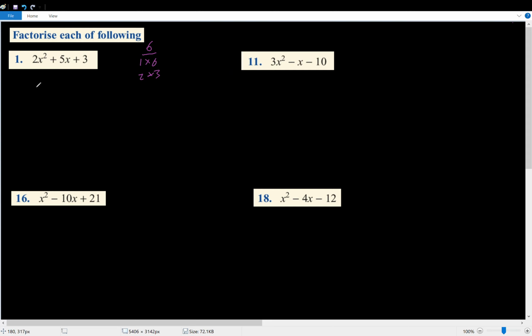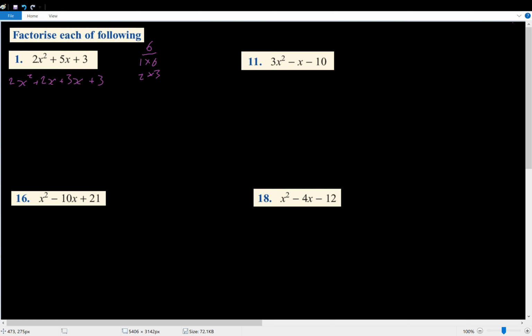So what we're going to do now is rewrite this expression. So instead of 2x squared plus 5x plus 3, we're going to write 2x squared plus 2x plus 3x plus 3. So all we've done is split up this 5x. If we added 2x and 3x together, we'd end up with the term we started with.